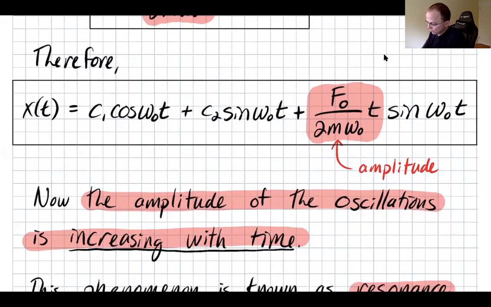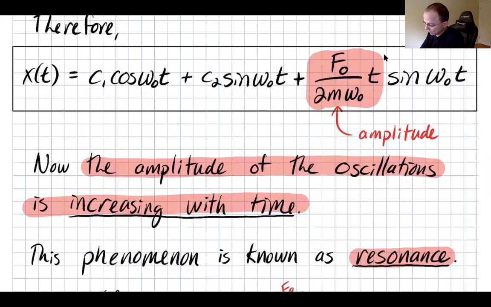But what's interesting about this now is that it's telling us that when the external frequency is the same as the natural frequency, the amplitude of these oscillations is actually increasing with time. As time goes on, we're going to get larger and larger oscillations when the external frequency is exactly equal to the natural frequency.